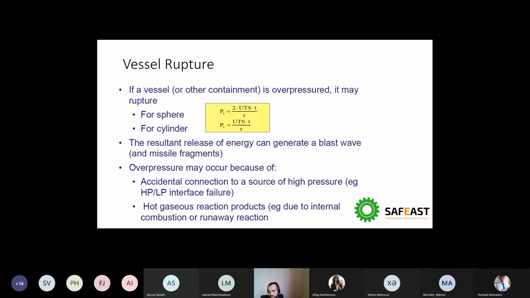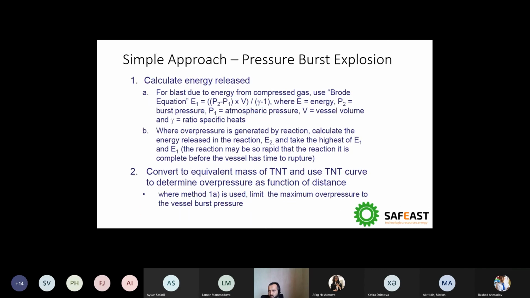Then we try to understand the effect of these missile fragments on neighboring facilities and people. This is again a simple approach. We calculate the energy released, and you can use the Brode equation as a reference. When you calculate the energy released, you convert it to an equivalent mass of TNT and use the TNT curve to determine the overpressure at distance.